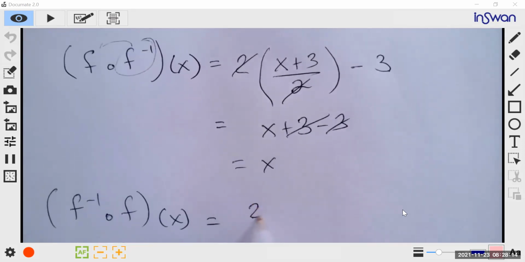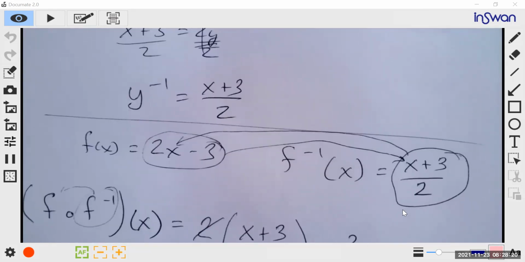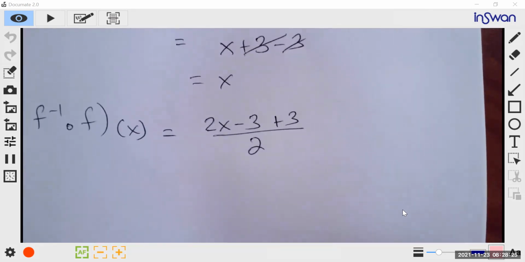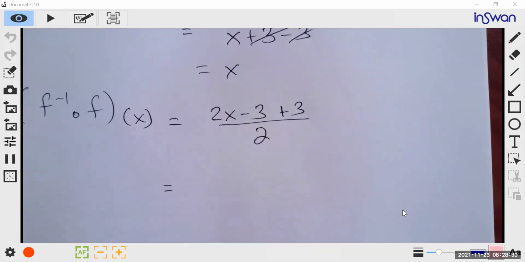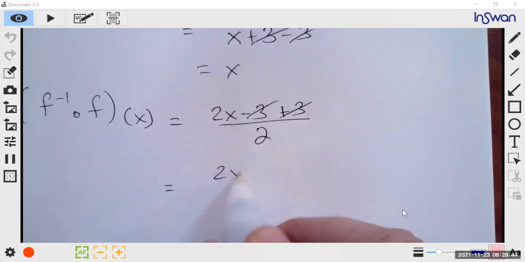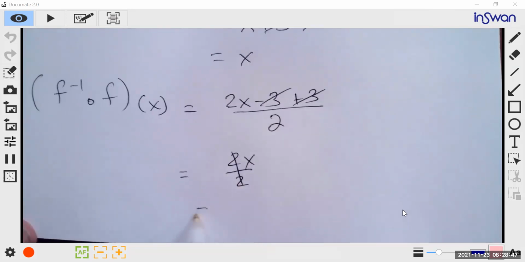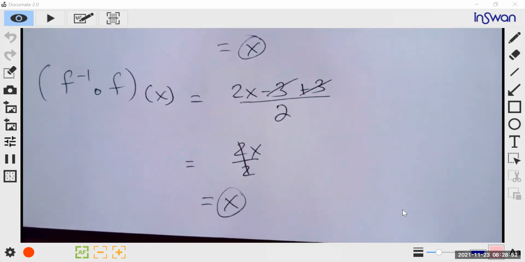So then 2x minus 3 plus 3 over 2. So let's fix the top. Negative 3 plus 3 cancel. The 2's cancel. We're left with x. That's the test.